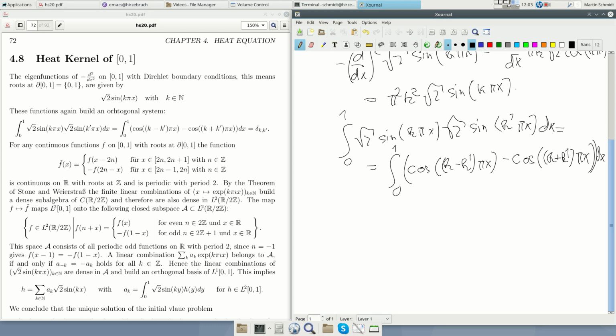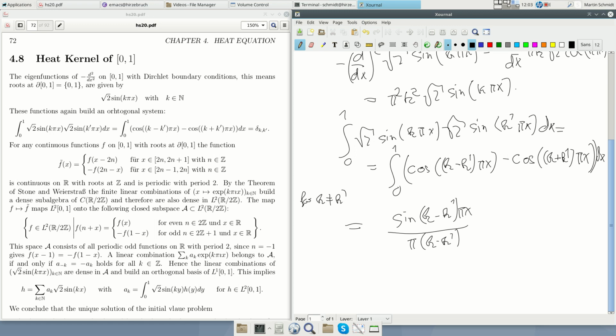Okay, now we have antiderivatives. The cosine has the antiderivative sine of (k minus k prime) pi x, of course divided by pi times (k minus k prime), for k not equal to k prime.